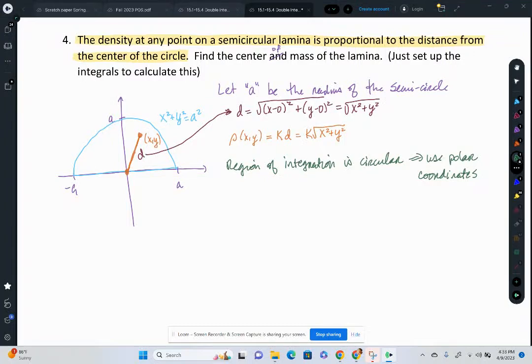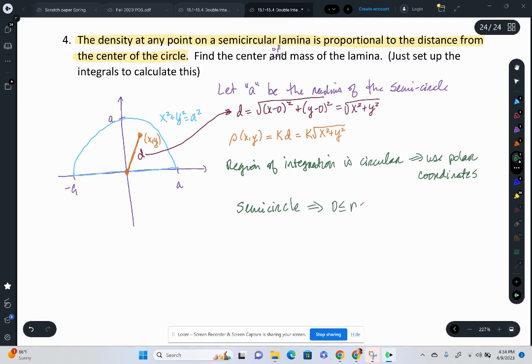And since it's a semicircle, that gives us some information about r and about theta. For r, remember, r is always positive, so it starts at 0, and then we're going to go out to the max radius, which is a. And then theta, since it's a semicircle, well, just in the top half of the circle, that means theta is going to go from 0 up to pi. Okay?